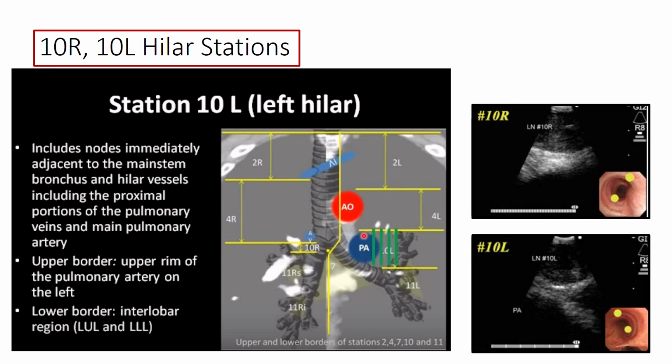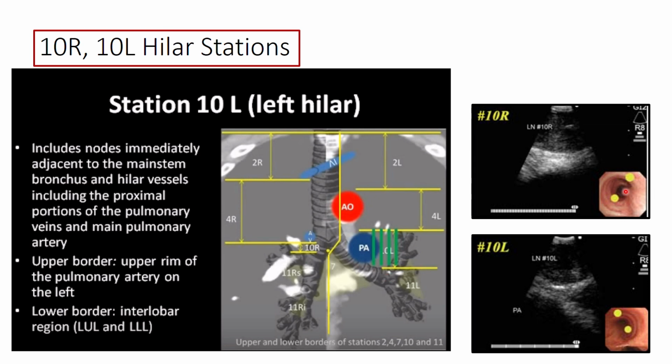Similarly, for the 10L node, the upper border will be the upper rim of the pulmonary artery on the left, and the lower border will be the interlobar region somewhere over here. So on the right side, your demarcation is the azygous vein, and on the left side, the demarcation is the pulmonary artery, which will separate the fourth and the 10th set of nodes.